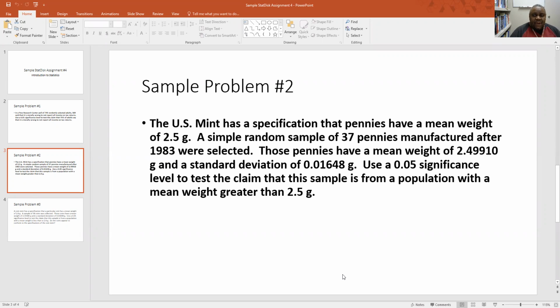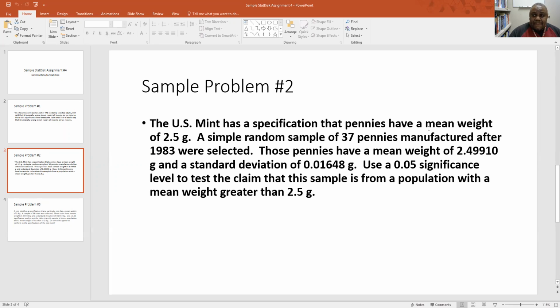Those pennies have a mean weight of 2.49910 grams and a standard deviation of 0.01648 grams. Use a 0.05 significance level to test the claim that this sample is from a population with a mean weight greater than 2.5 grams.